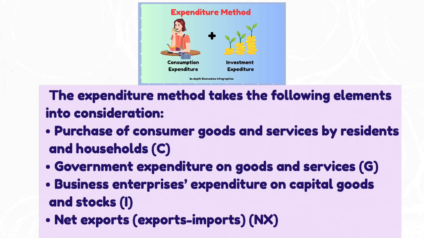The expenditure method of calculating national income focuses on expenditures. Expenditure refers to all the purchases made by residents, governments, or business enterprises.